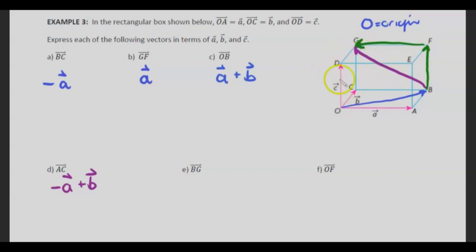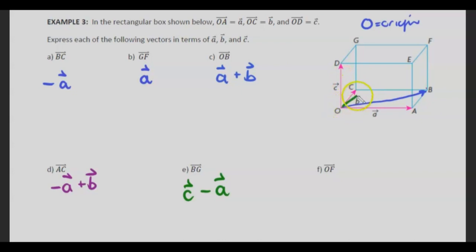So going up is going to be vector C, and then going to the left is going to be vector negative A. So this is going to be vector C, and this is going to be negative A. I'll erase that to keep it clean. C minus A.